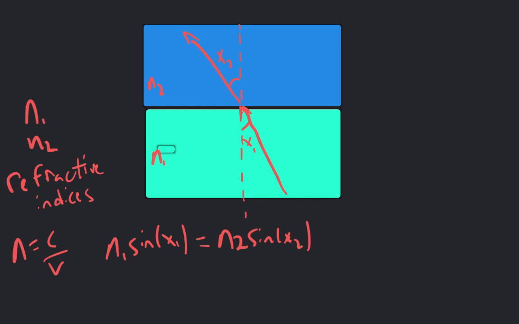It's going to be bigger than 1 usually. It always is bigger than 1, because unless it's in vacuum, it's going to be 1. So for air, it is very nearly 1, but it's not 1.